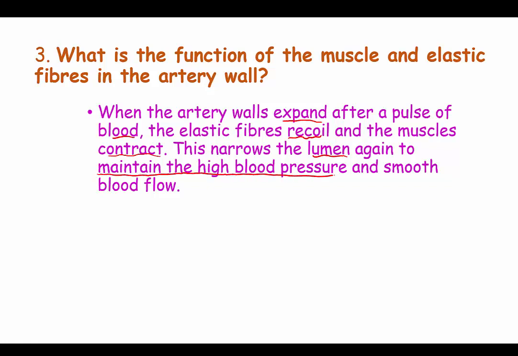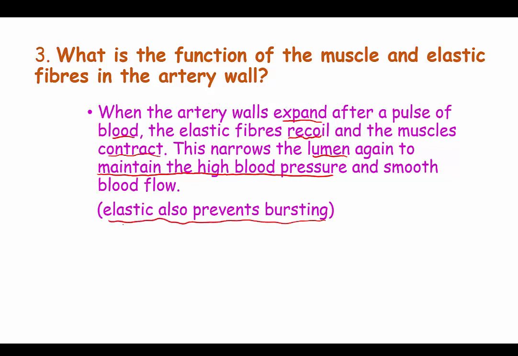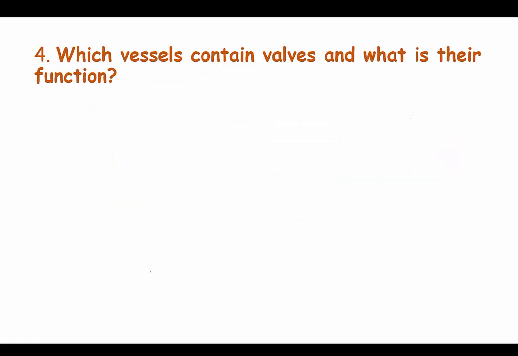The key there is that the elastic expands to allow the pulse to go through, and the muscles contract, and that pushes blood through the arteries and maintains the high blood pressure. The elastic tissue also prevents bursting. Generally speaking, we associate things which are elastic with things that can stretch, so by being allowed to stretch, it stops the arteries bursting.